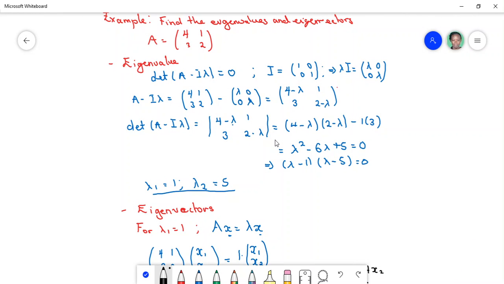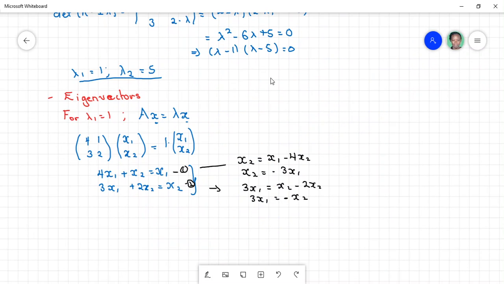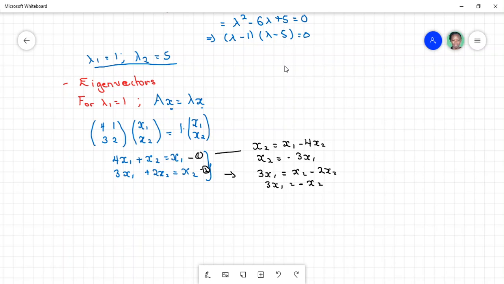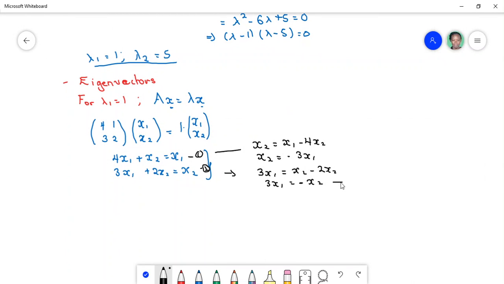So you realize that this also implies that my X2 is equal to minus 3X1. What does it mean? This means that whatever value of X1 we have, the value of X2 is minus 3 times X1. So that's my eigenvector.